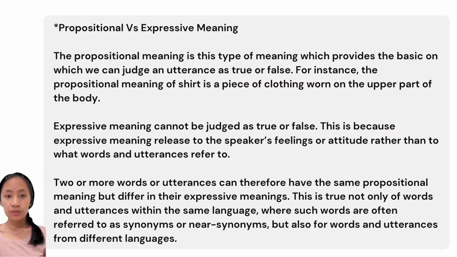We continue to propositional versus expressive meaning. The first, propositional meaning, is a type of meaning which provides the basis on which we can judge and interpret as true or false. For instance, the propositional meaning of shirt is a piece of clothing worn on the upper part of the body. The next is expressive meaning. Expressive meaning cannot be judged as true or false.